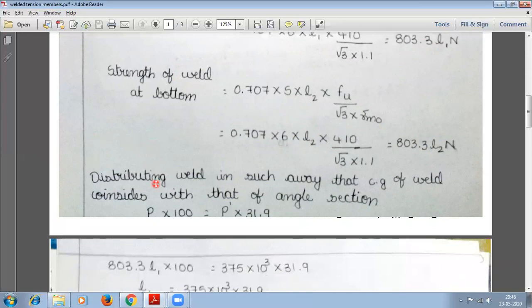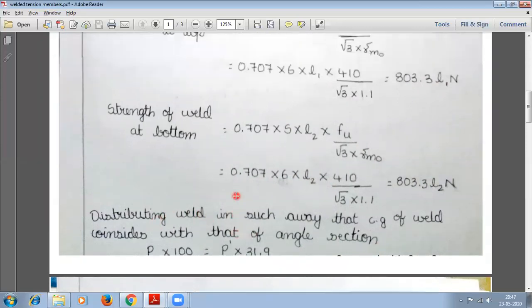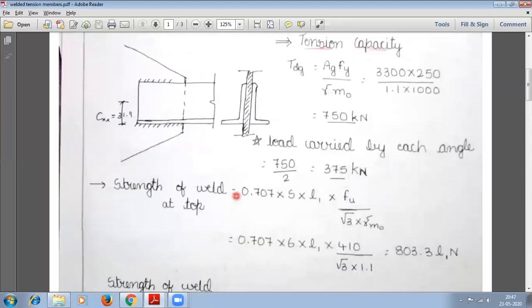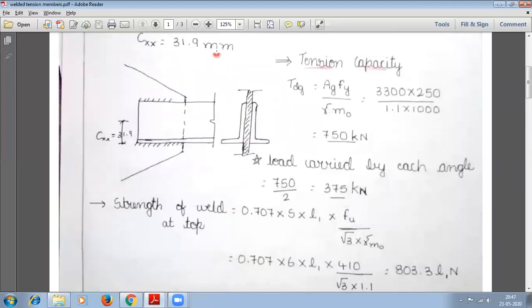distributing the weld in such a way that the CG of the weld coincides with that of the angle section. That means whatever weld we are doing, it should coincide with the CG point. So now this I will take as P1, and this P dash I will take as P1 now. Fine.